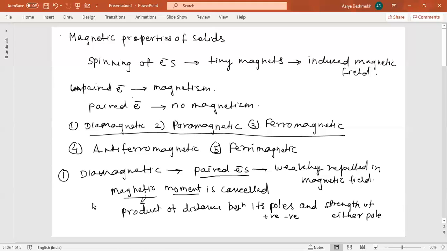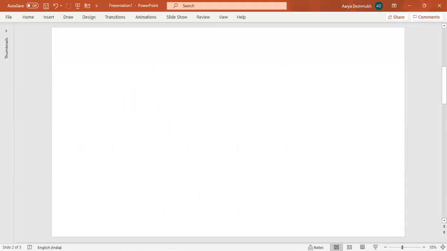Now about the diamagnetic substances, examples we can quote are N2, F2, NaCl, H2O, benzene. These compounds are solid, and if they appear as a crystalline solid, they show diamagnetic properties.